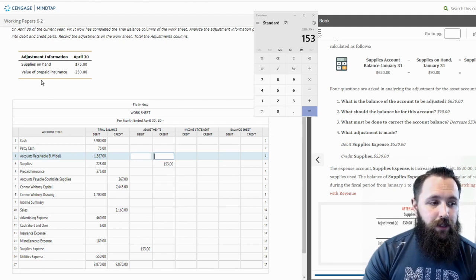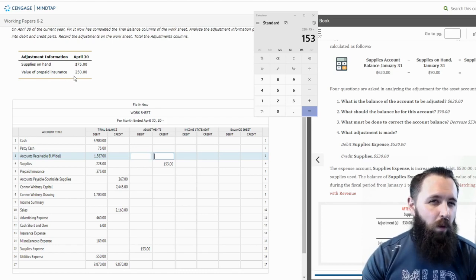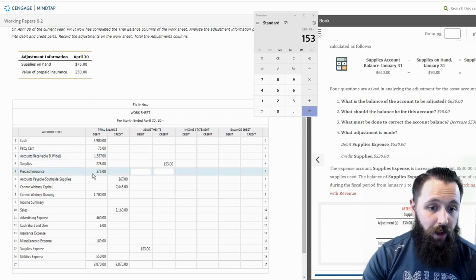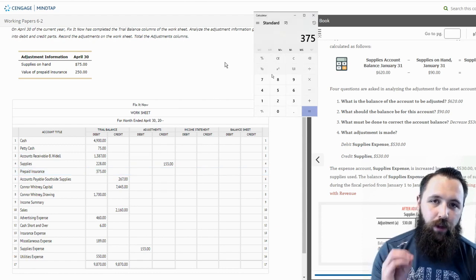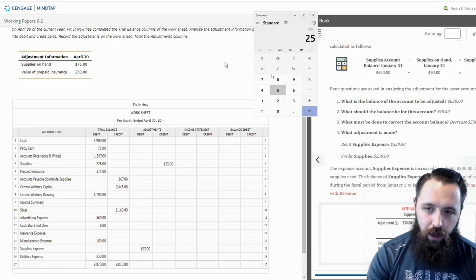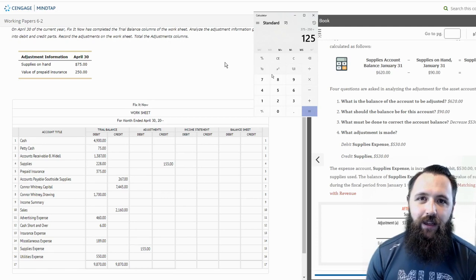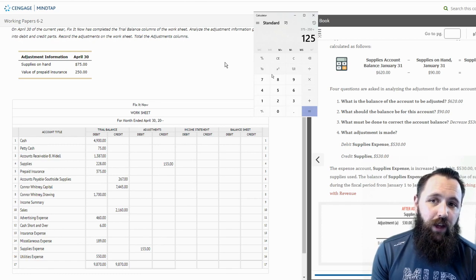For the next one, it says value of prepaid insurance is $250. So what was the value of prepaid insurance? It was $375. We count our insurance in a way, and it looks like we've used $125 of that insurance.